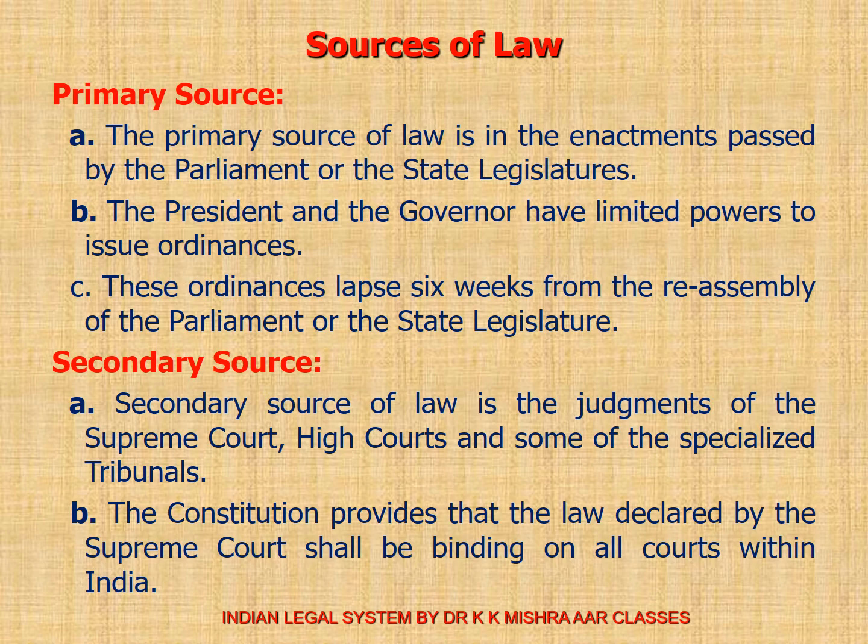C. These ordinances lapse 6 weeks from the reassembly of the parliament or the state legislature. Secondary sources. A. Secondary source of law is the judgments of the Supreme Court, High Courts, and some of the specialized tribunals. B. The Constitution provides that the law declared by the Supreme Court shall be binding on all courts within India.